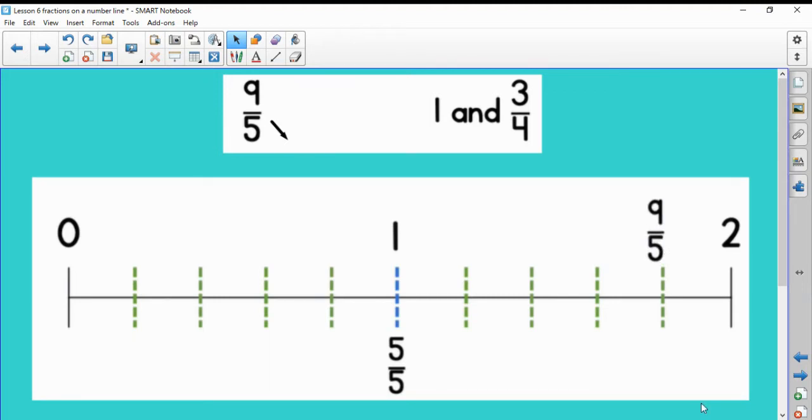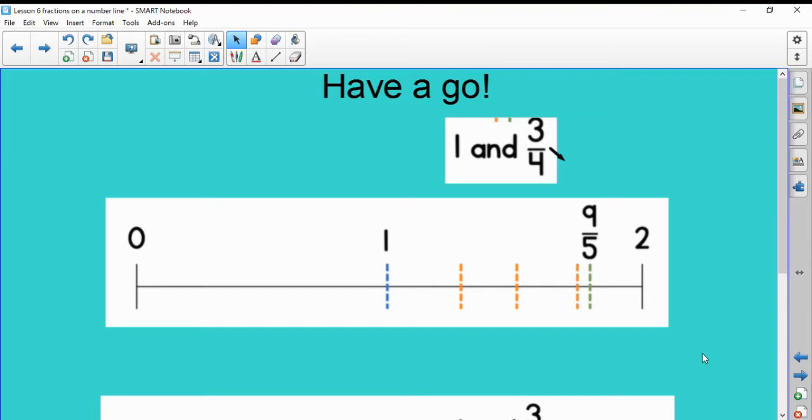Now, pause the video while you have a go at 1 3/4. Remember this time, split the number line from 1 until 2 into 4 sections because the denominator is 4.